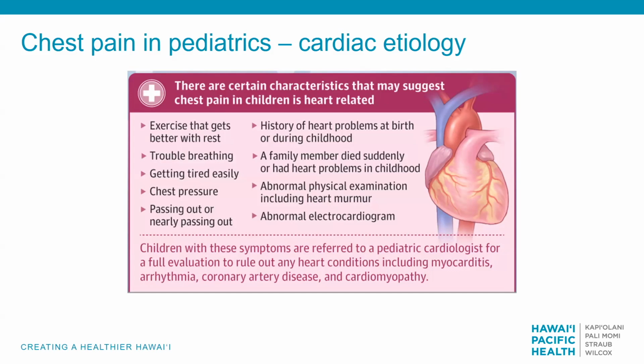Number 1 is exercise. If the chest pain happens in the middle of exercise, I would always be a little more cautious, because that's when you really push your heart to the limit. And if there is an ischemia or any issue, a lot of times that can happen during exercise.